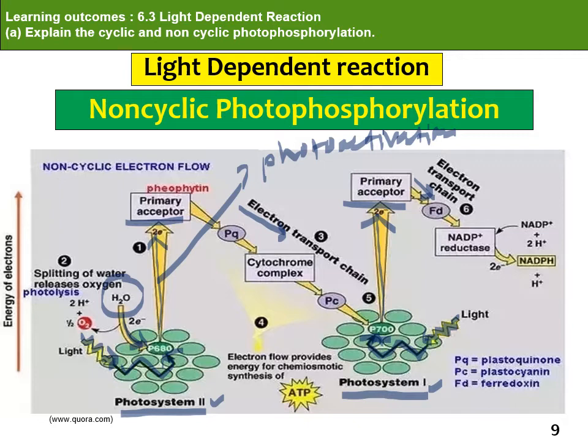Okay, then tu proton ni pula, apa yang berlaku, in the last process ni dia akan reducekan NADP+. Okay, reduce NADP+ to form NADPH. Okay, NADPH. Okay, dan manakala oksigen ni pula dia akan dibebaskan lah, okay, akan digunakan in the cellular respiration.